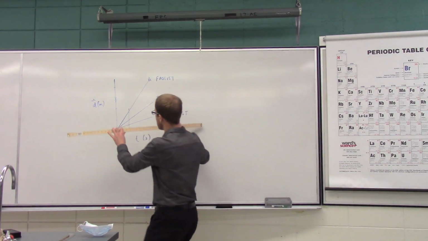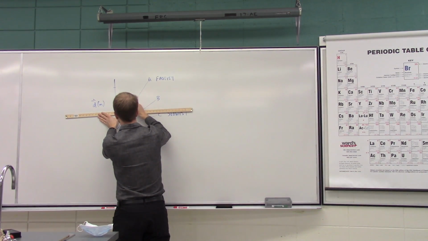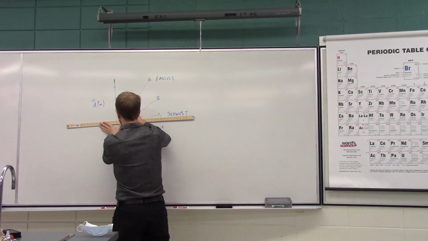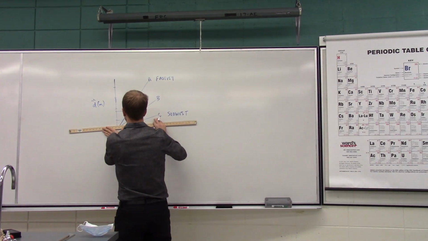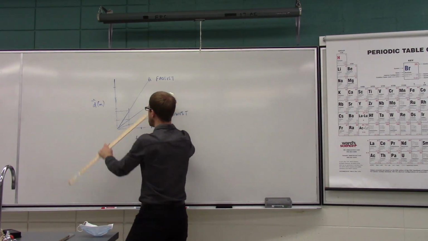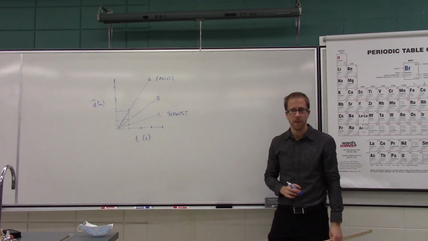A. It was A, right? If we trace this across to our x-axis, we can see that A here clearly had the greatest change in position over the same amount of time.